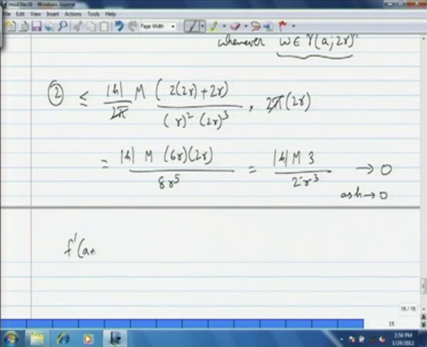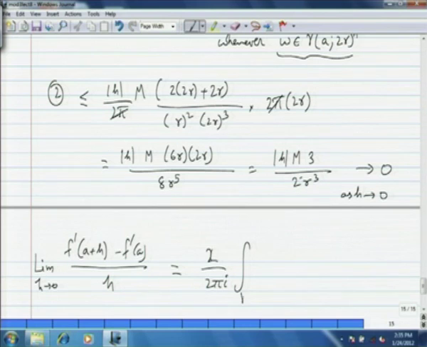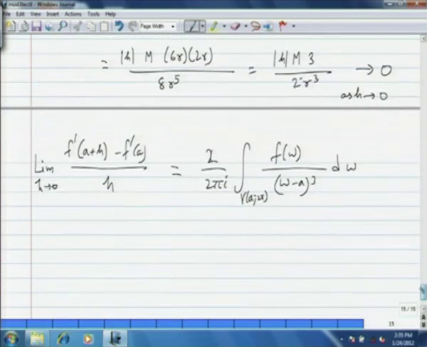So, we conclude that the limit as h goes to 0 of f prime of a plus h minus f prime of a divided by h is equal to 2 by 2 pi i integration over gamma a to r of f of w by (w minus a) cube, which in turn is equal to 2 by 2 pi i integral over gamma.